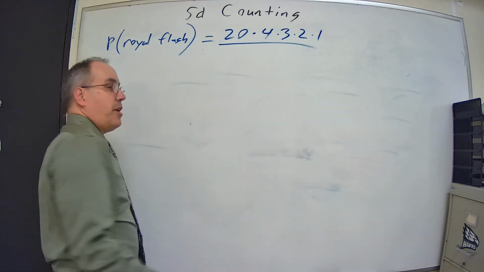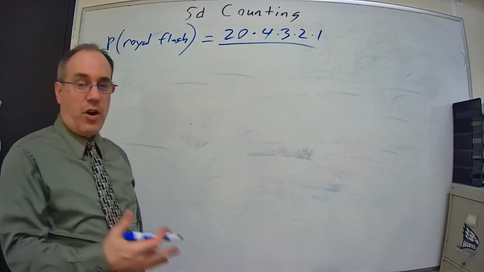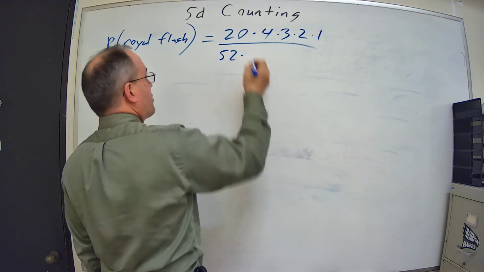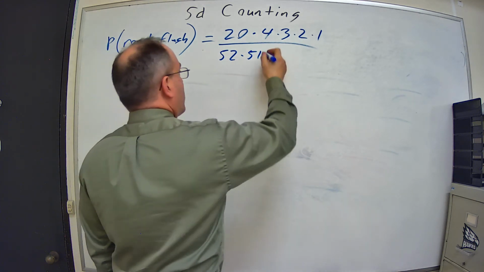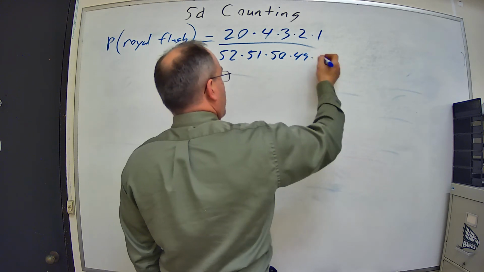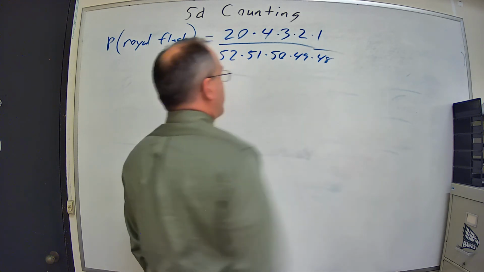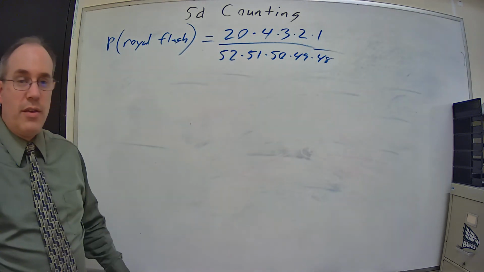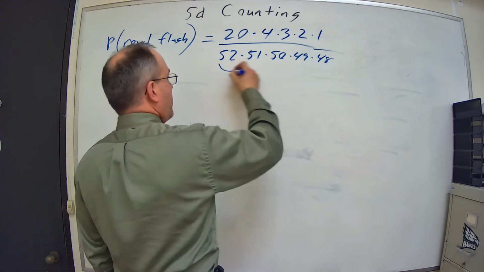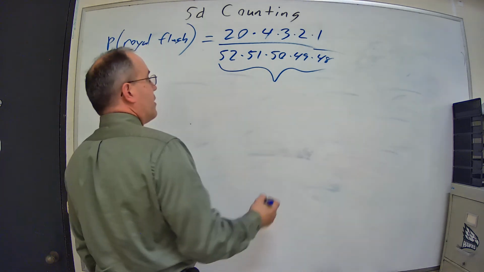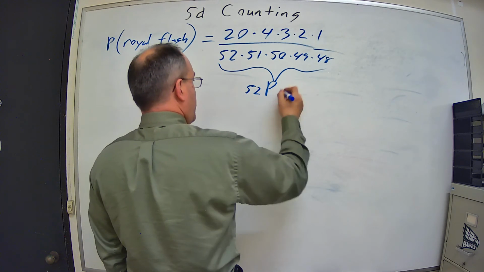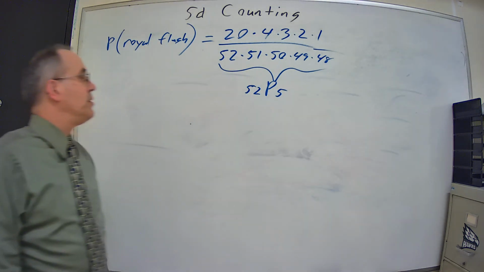Now, in the denominator, I need to look at the number of cards available. There are 52 cards initially, 51 cards after that, 50 after that, 49 after that, and 48 after that. You could look at that and say this is the same as 52P5.